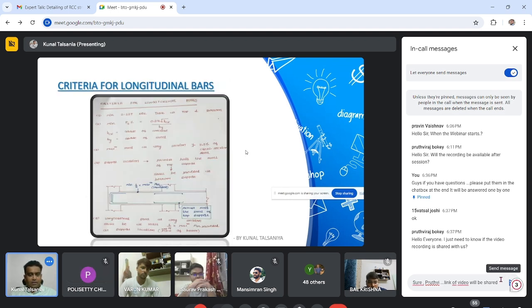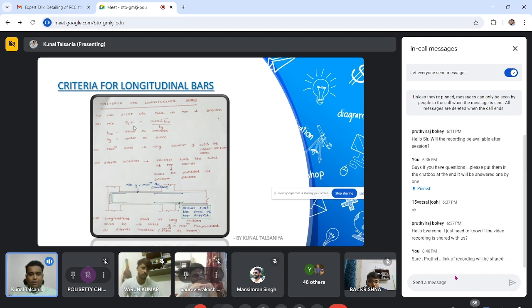Another is the minimum PT percentage. As per IS 456, the minimum percentage of beam longitudinal steel is 0.85/fy. But as per IS 13920, for ductility requirement, the minimum percentage of steel for beam is 0.24 root of fck divided by fy. What is fck? This is the grade of concrete. What is fy?